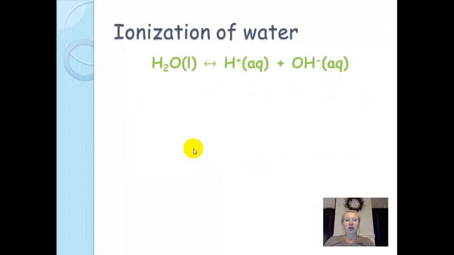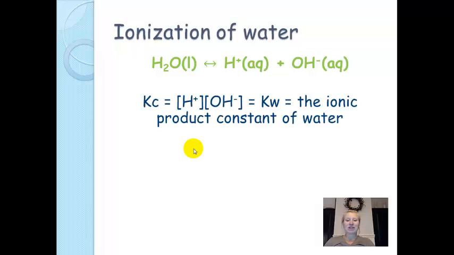Now, also important when you're calculating pH is the ionization of water. Water is continuously ionizing into H+ ions and OH- ions, and this is a reversible equilibrium, so it's always occurring. We have a special equilibrium constant that we call Kw, for the ionic product constant of water.